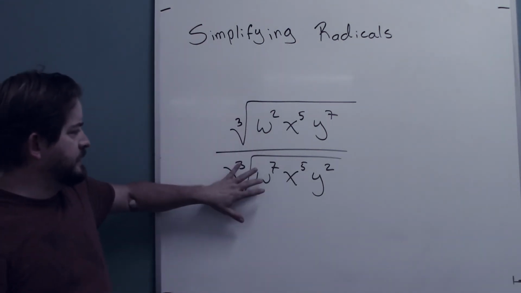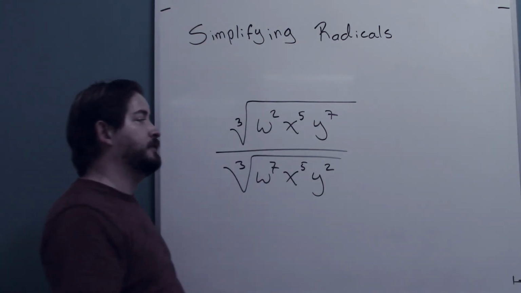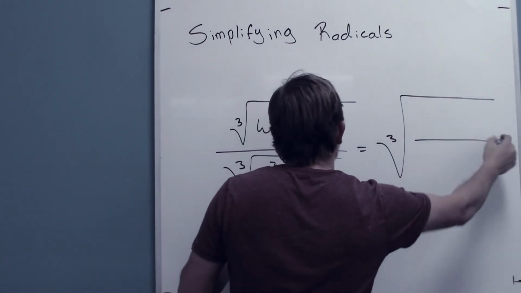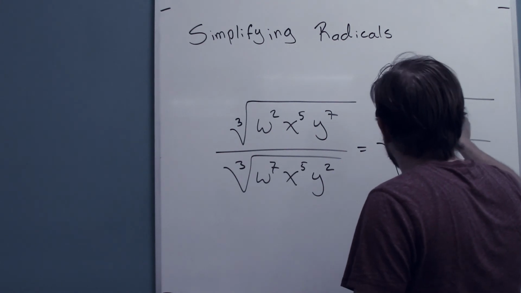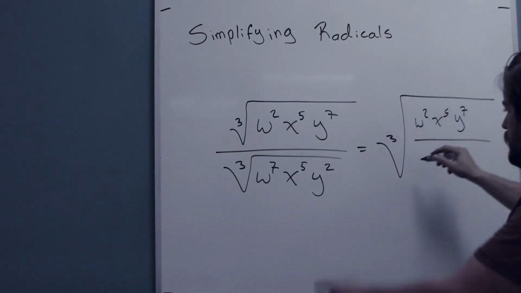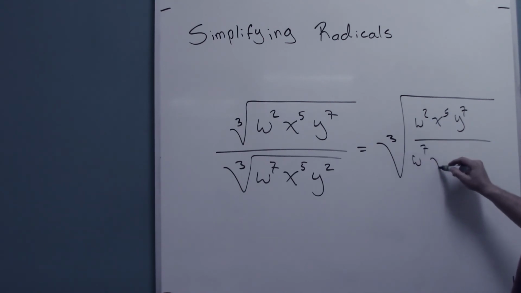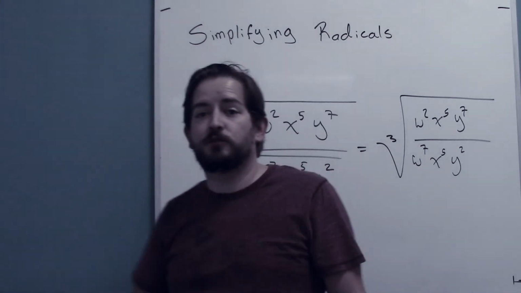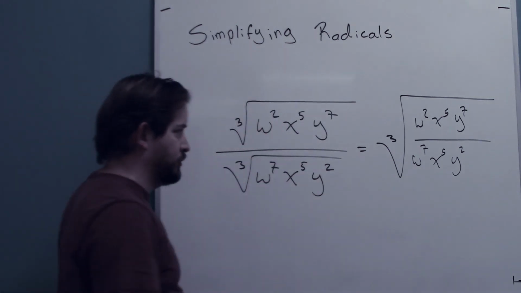Because each of these has w's and x's and y's, it might be advantageous to call this simply the cube root of the fraction w squared x to the 5th y to the 7th over w to the 7th x to the 5th y squared, and then simplify inside the fraction before I worry about the cube root.